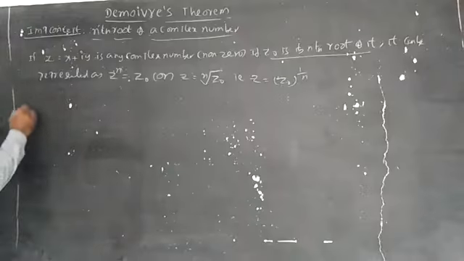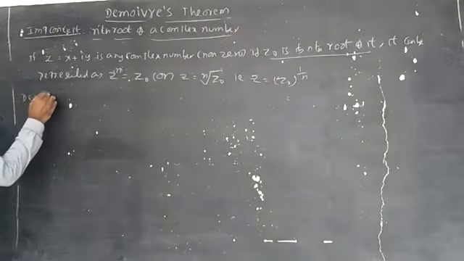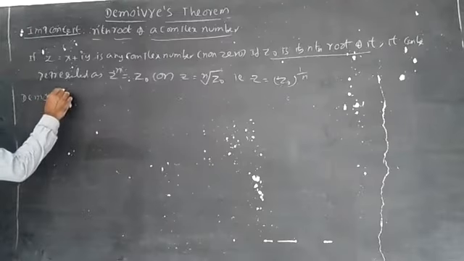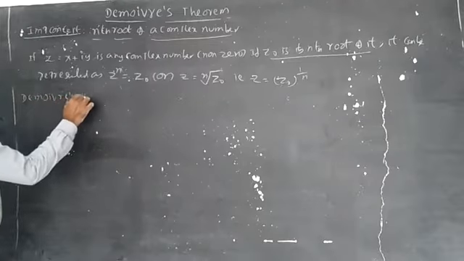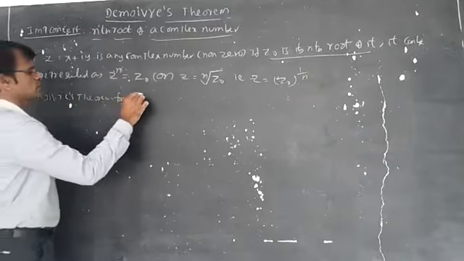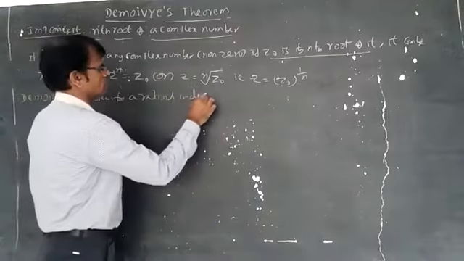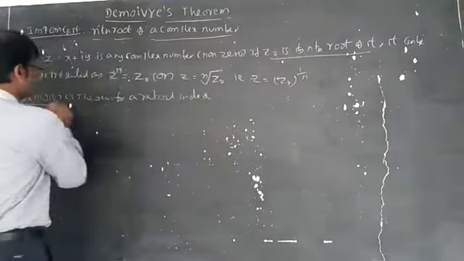Now let us write De Moivre's theorem for rational index.